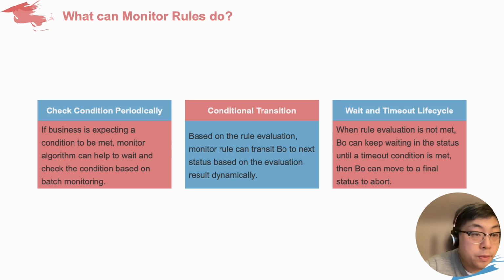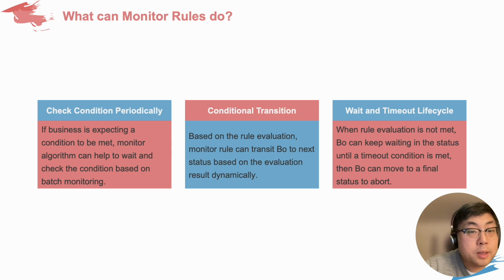For example, if you have a requirement to say, I need to wait for a particular date before I can move on, you can create a monitor algorithm and say, for this particular date, if it is reached, I will go to the next condition. Otherwise, I'll just stay. So every time the batch is running, it will execute this logic at the back end and decide whether it should move on or not.